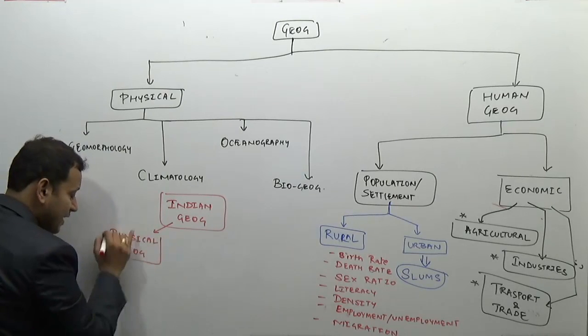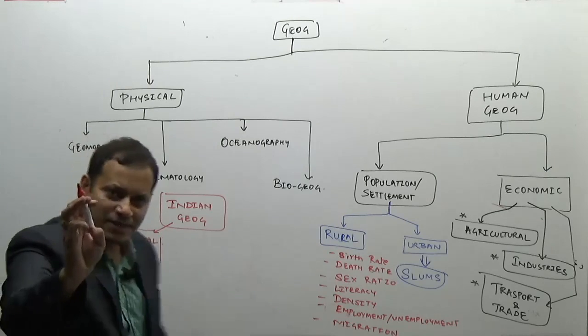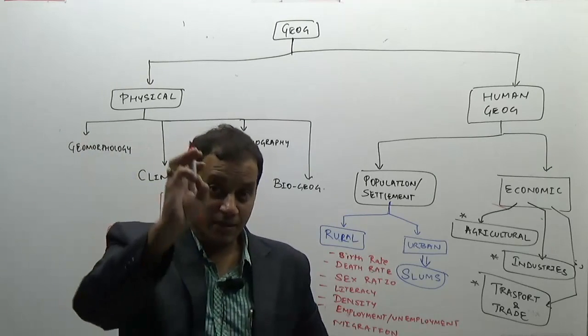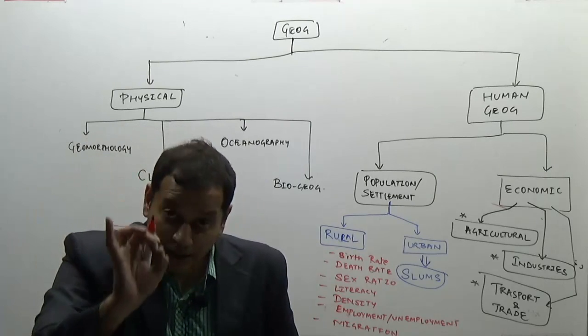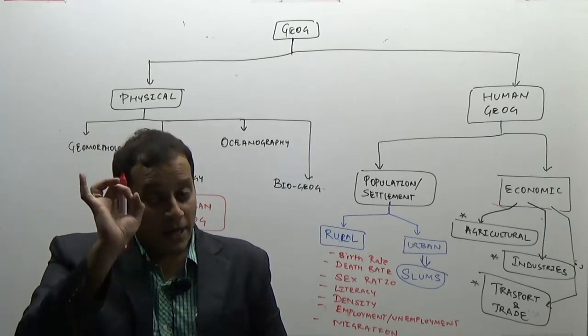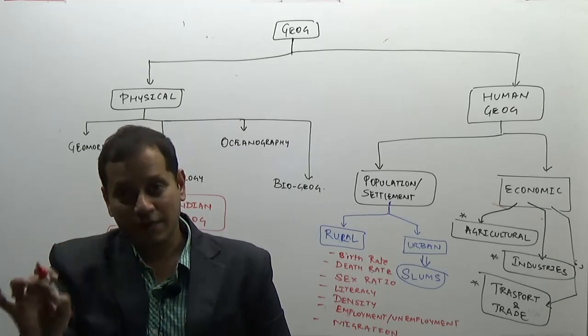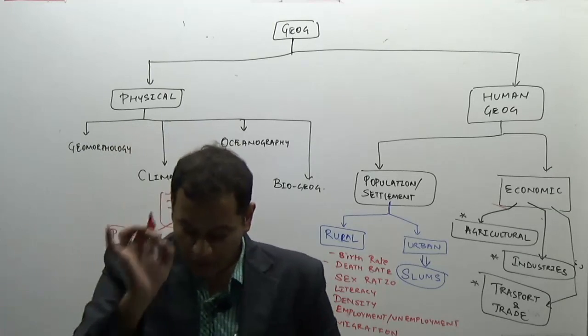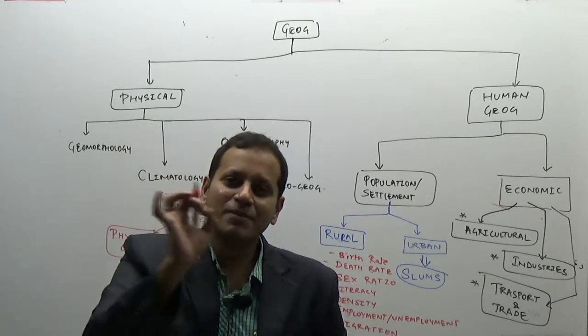What are the different aspects of the physical geography of India? We have the Himalayas, the mountain system of India, the rivers of India, the climate of India. Why is it a monsoon type of climate? And the soils of India, the natural vegetation of India, and some disasters in India.